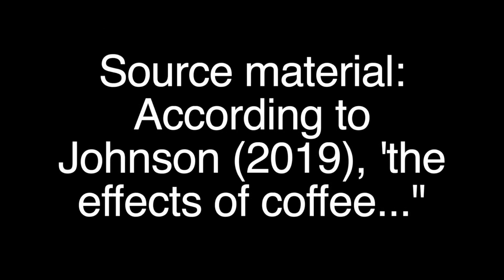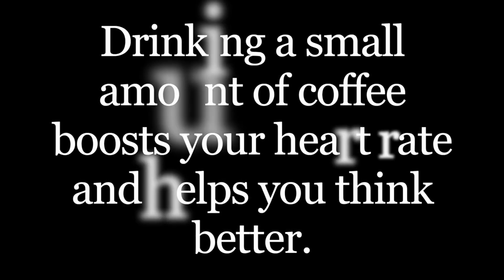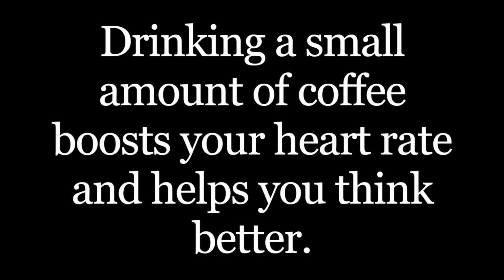According to Johnson, in his article, The Effects of Coffee, drinking a small amount of coffee every day helps to stimulate your heart rate and put blood in your brain to help you potentially think better. Okay, so you have a topic sentence, your general information, and then a support for that general information. Of course, all of those things are working together. You're using your quotes, you're using your paraphrases to support those statements.